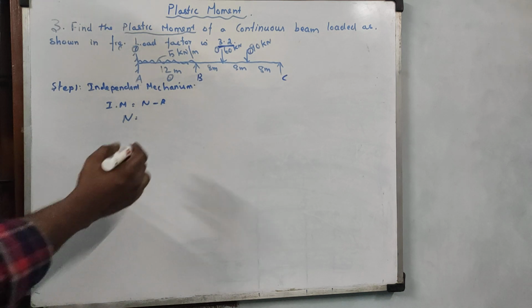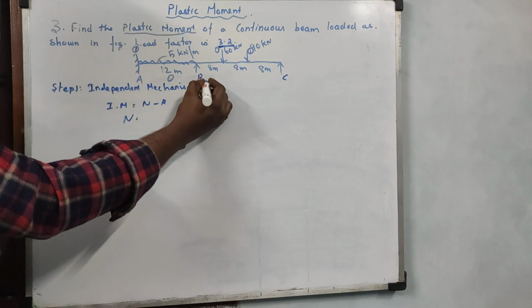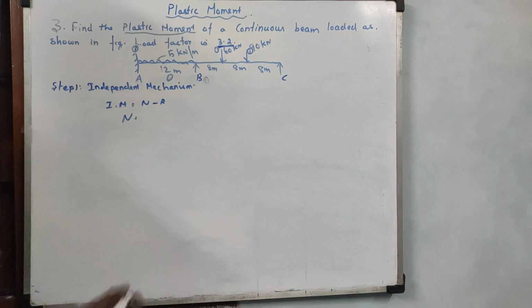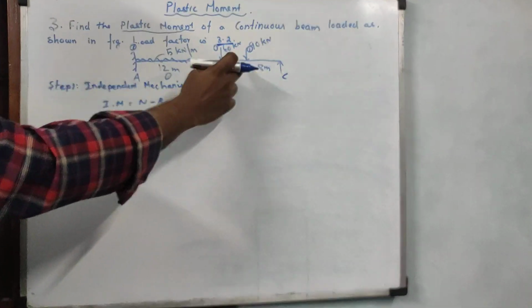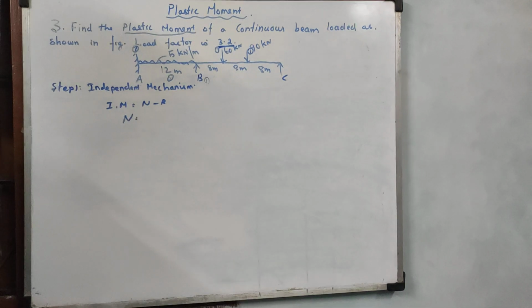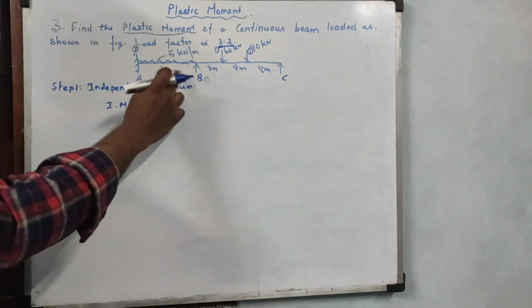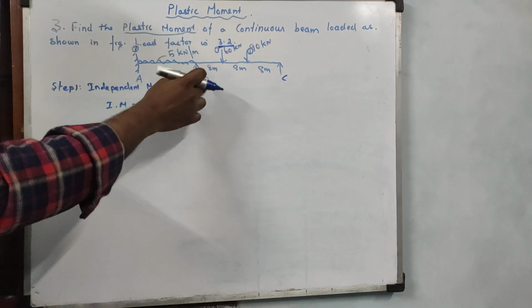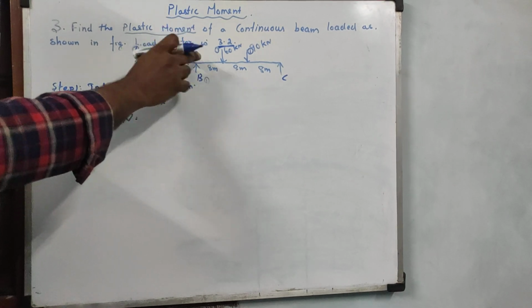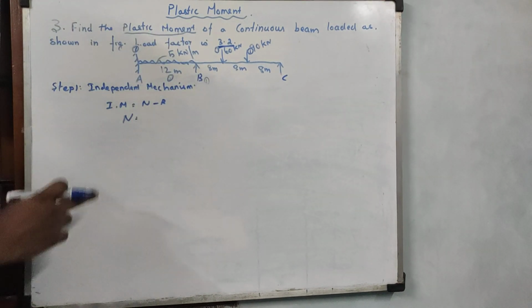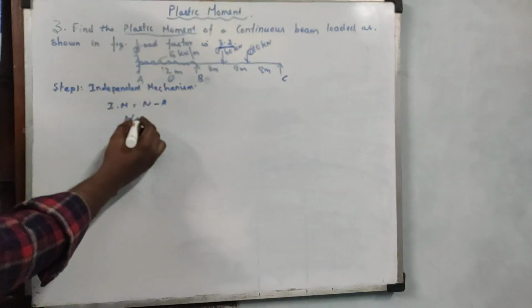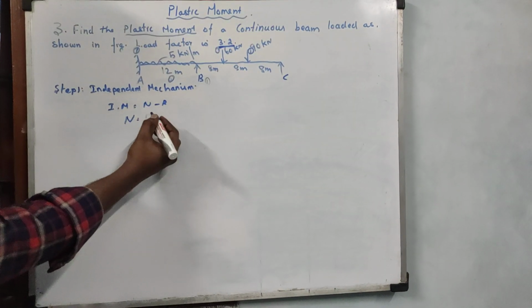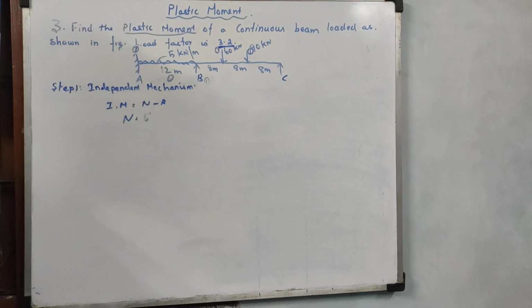So there is a plastic hinge at the intermediate support. So one at the fixed support, two at the point loads, one under the UDL, and one at the intermediate support. Totally we have 1, 2, 3, 4, 5. Totally we have 5 possible hinges.